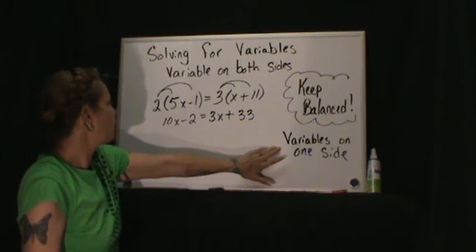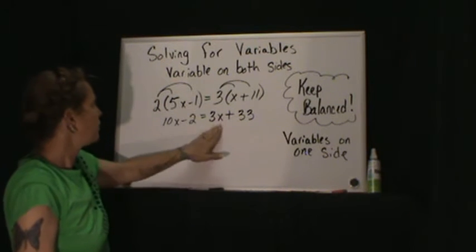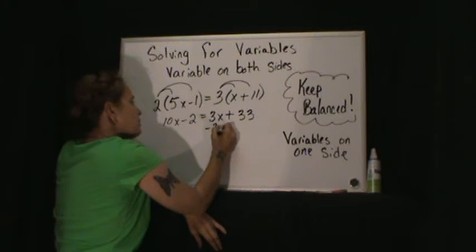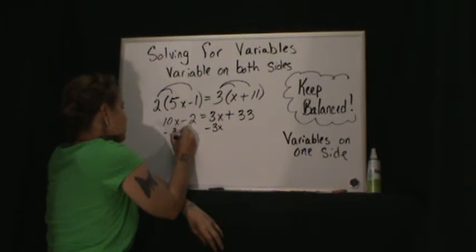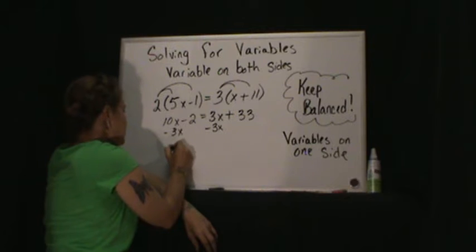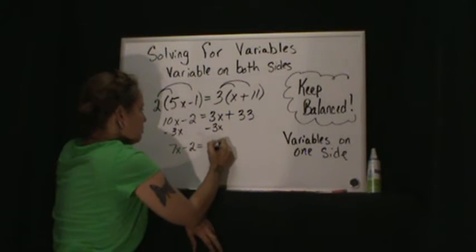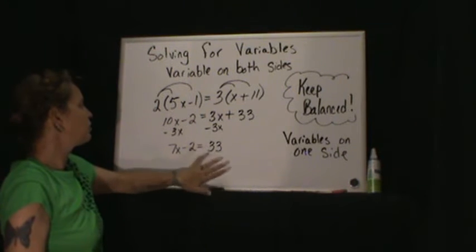Now we can get all of our variables to one side. I'm going to move them to the left this time. So I'm going to subtract 3x from both sides. 10 minus 3 is 7. And now I can move my numbers to the right.